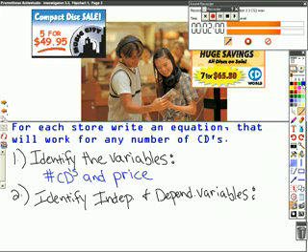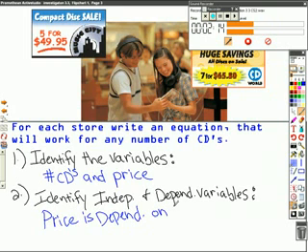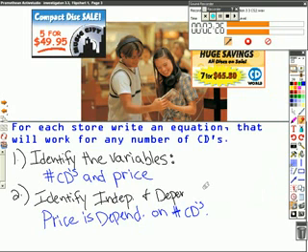So the way that this should go is price is dependent on the number of CDs that I want. All right, and now that we have that, I'm going to erase this so I can have some more room.